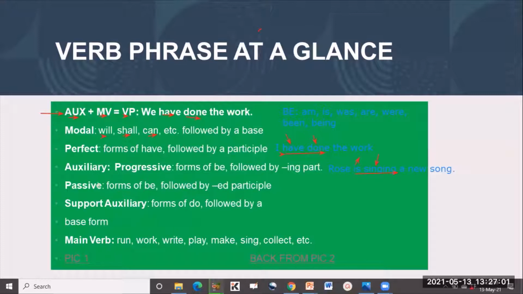Okay, so then the next is the passive forms. And in this case, we are taking forms of be, combining any of the forms of be with the past participle.